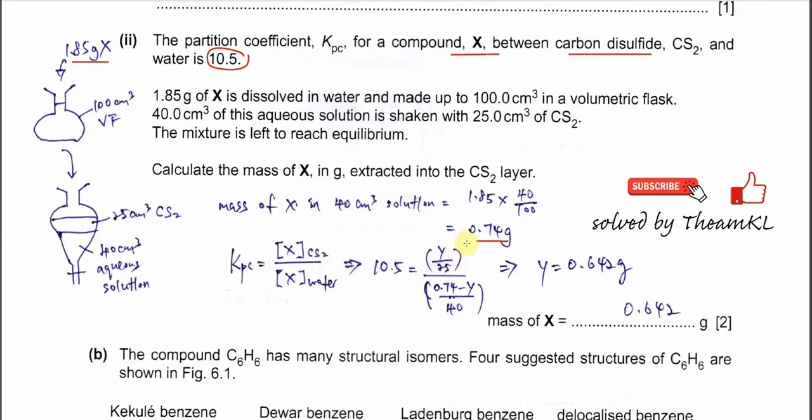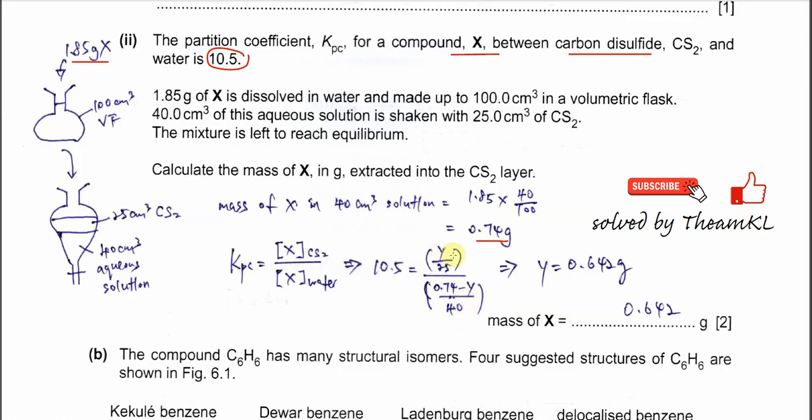This is the concentration of the X in the carbon disulfide. This is divided by the concentration of the X in water. Because we know some of the mass in the aqueous solution already got extracted from the total mass of 0.74, therefore it is 0.74 minus Y over 40 cm cube. This is the concentration of the X in the water after the extraction.